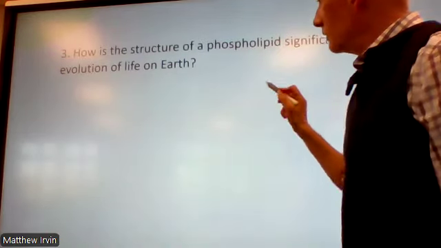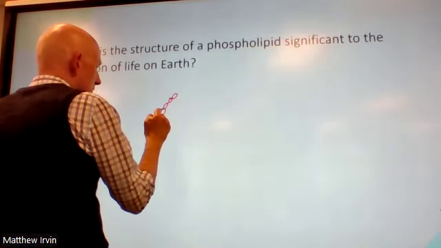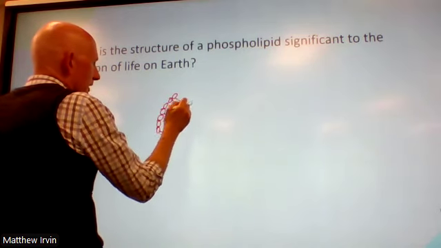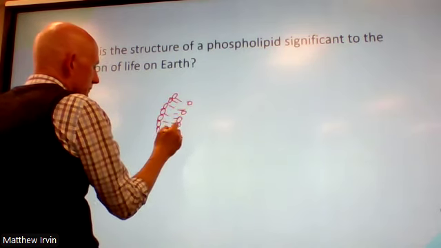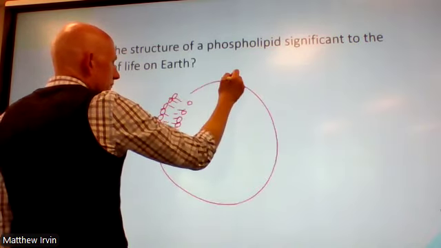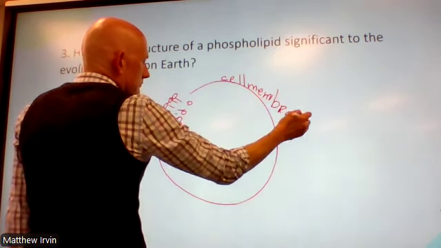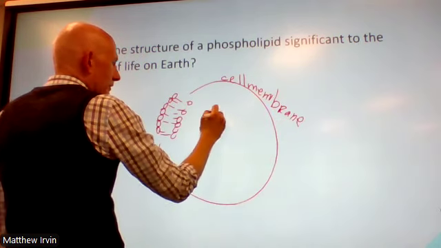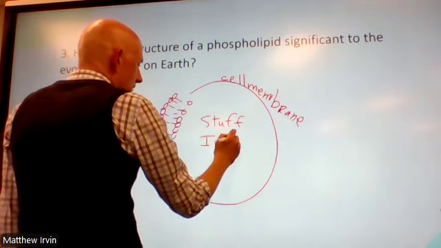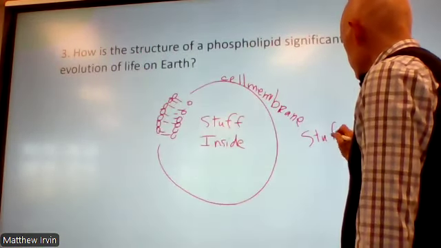Phospholipid, significant for life on Earth. Phospholipids make up our cell membrane. This is the cell membrane. So once we get our cell membrane, then we can get stuff inside that is different from stuff outside.